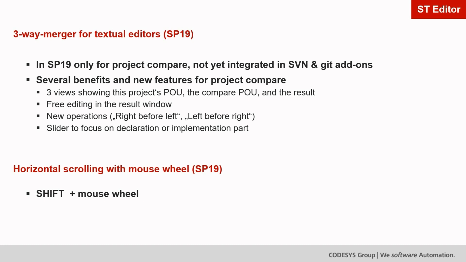In addition, there are also new operators so that you can decide not only for the left or right side as before, but also for both and still determine their order. A slider is included so that you can better organize the number of views, which are then 6 in this window, and focus on the declaration or implementation part.